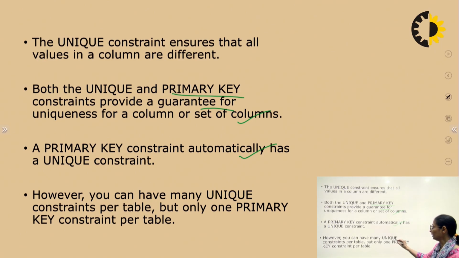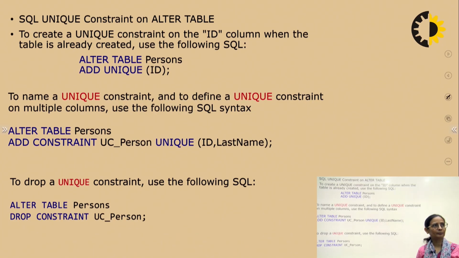However, we can have many unique constraints per table, but only one primary key constraint per table. This should be noted: one primary key constraint per table, whereas I could have many unique constraints per table.